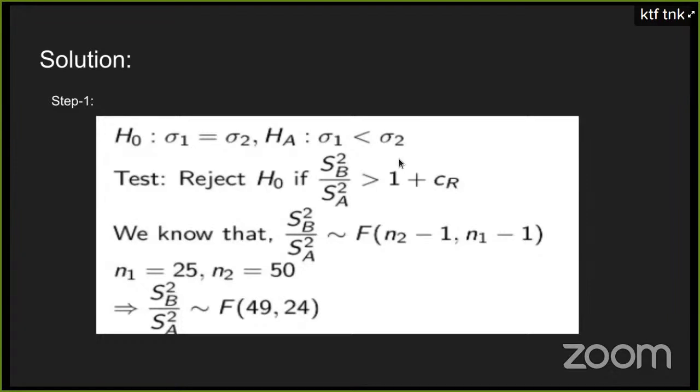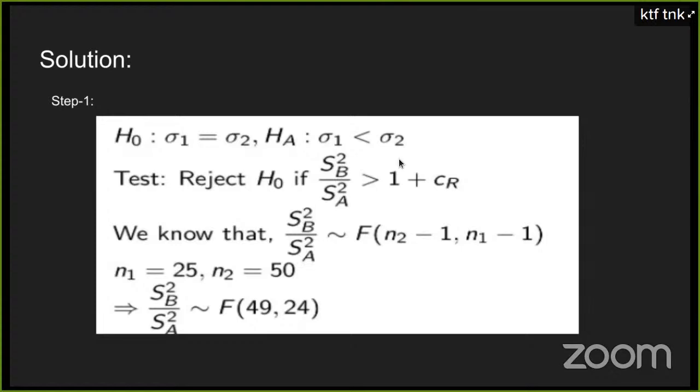So n1, the number of samples for A, is 25, and n2, the number of samples, is 50. So SB square upon SA square has an F distribution with 49 and 24 degrees of freedom, right?